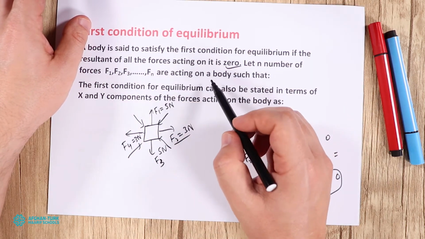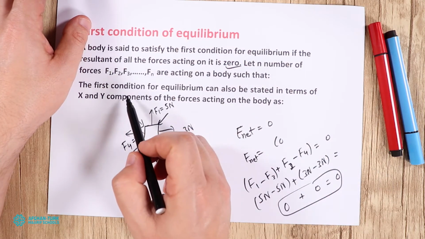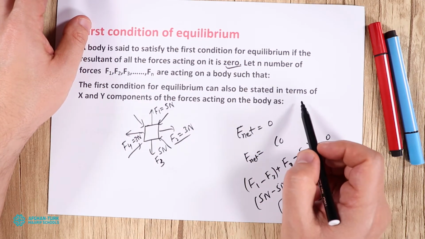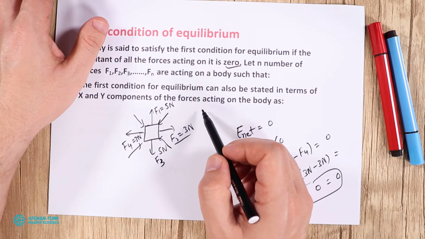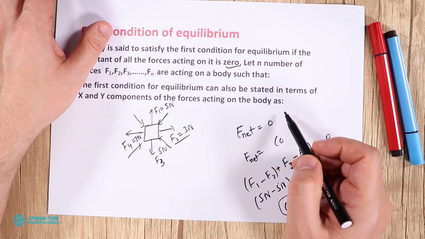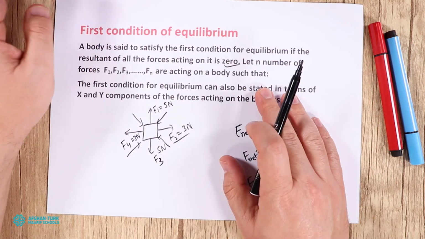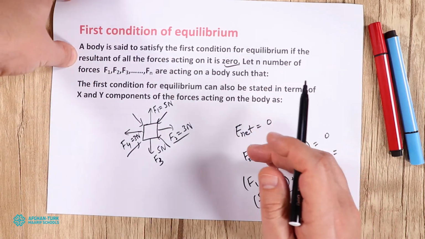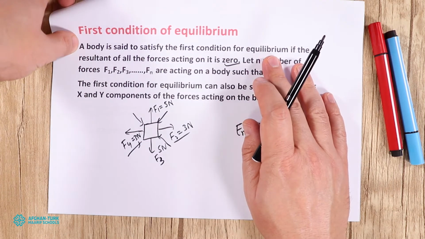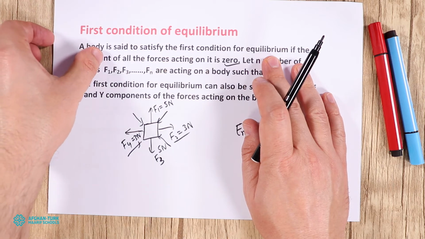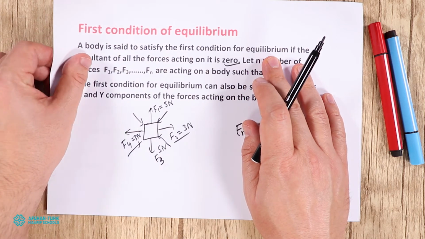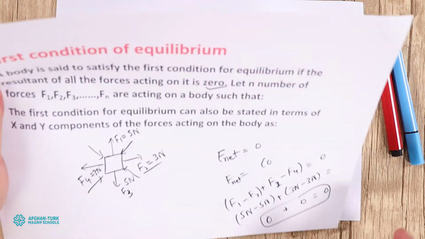So many forces are acting on the body, such that the first condition for equilibrium can also be stated in terms of the x and y components of the forces acting on the body. On the next page we will see what the x and y directions are. If the sum of all these forces is equal to 0, we can say the object satisfies the first condition of equilibrium.